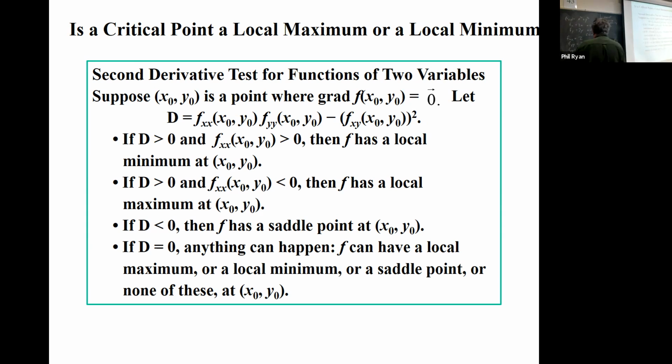Then you look at fxx and fyy, and the fact that fxx is 2 means that's why it's a local minimum.